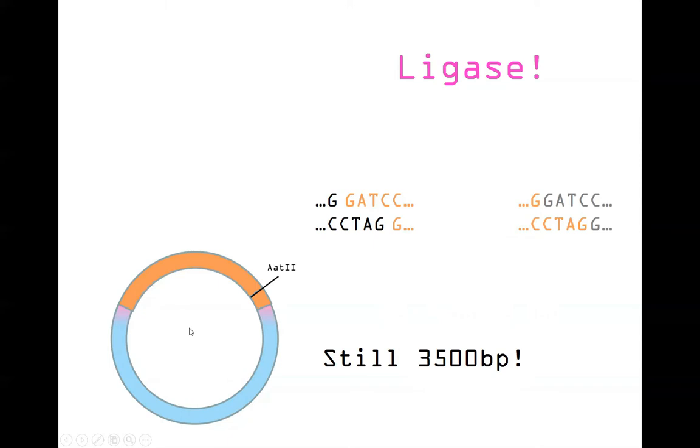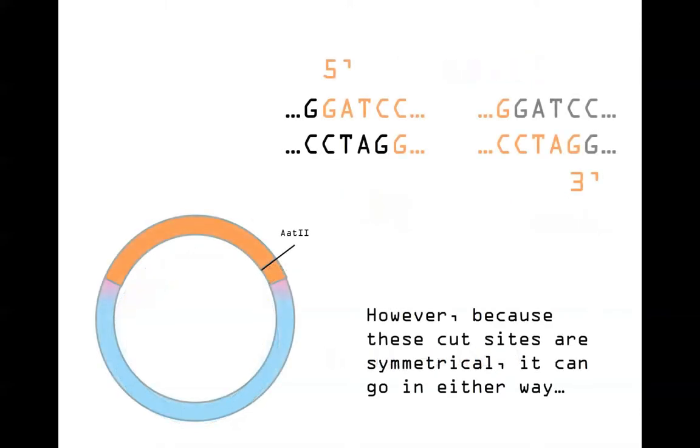Okay, so something important to think about is the actual nature of these sites. Okay, so once we've added ligase, they're sealed in. But notice these sticky ends are like G, A, T, C. If we come this other way, G, A, T, C, it's the same. So what that means, let's zoom in again.